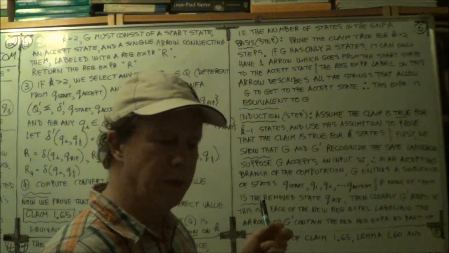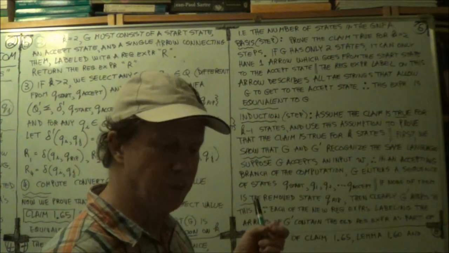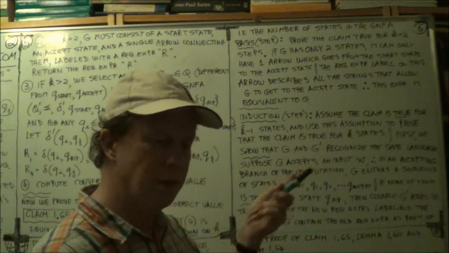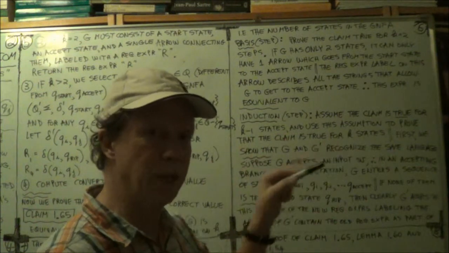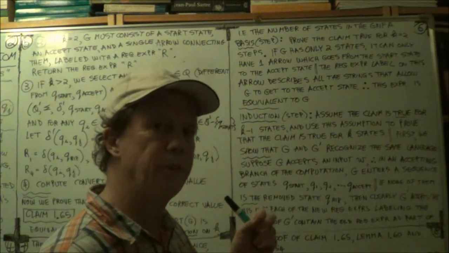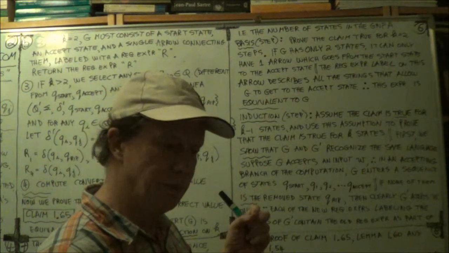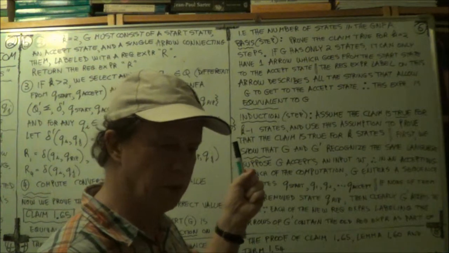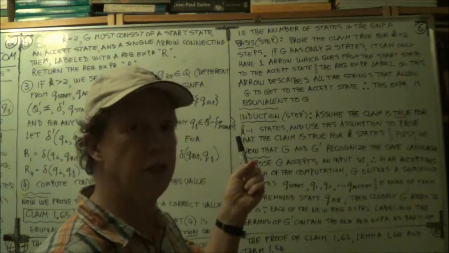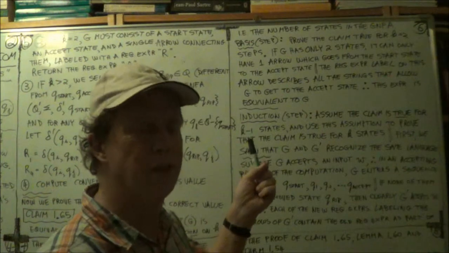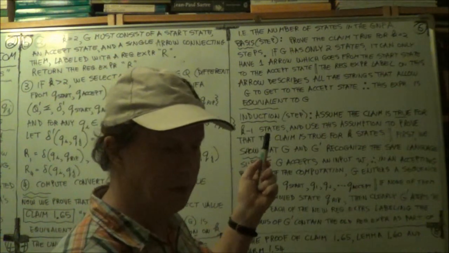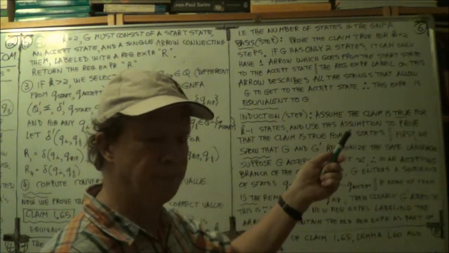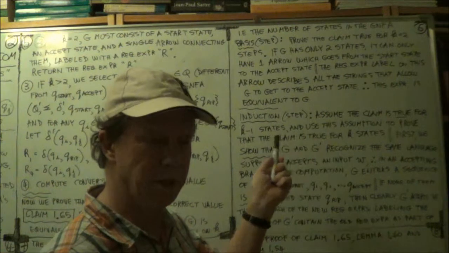So that means that machine G recognizes that language, all those strings that match the R. So whatever G is, all the input strings that G recognizes, in other words the language, will go immediately from the start state to the accept state directly, right?